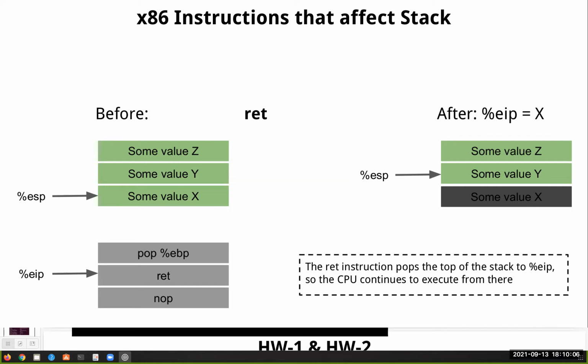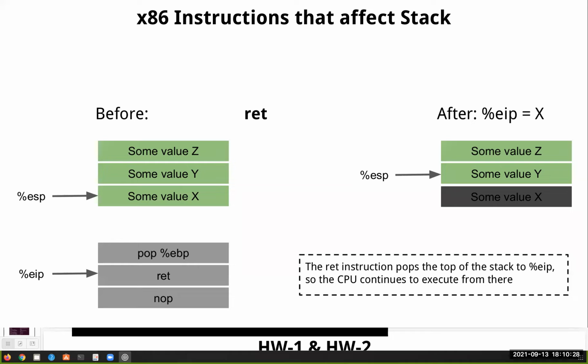This instruction will pop the top of the stack to EIP. The top of the stack is what the ESP points to. Okay? It doesn't care what the value of ESP is. It will just pop wherever ESP points to into EIP. That's it.